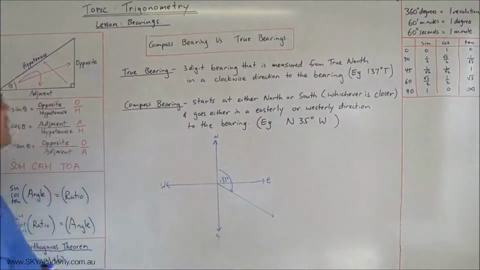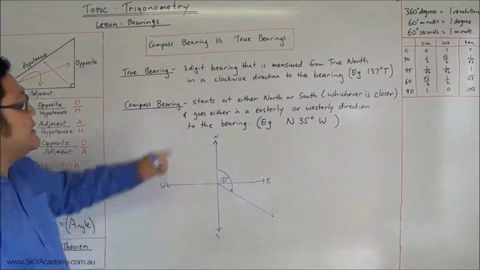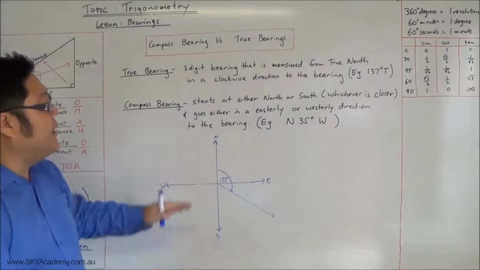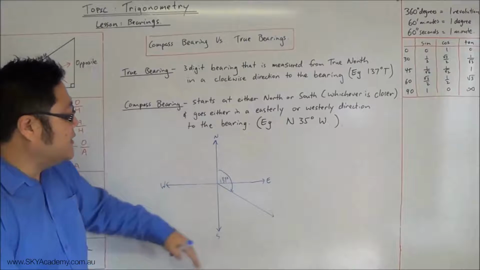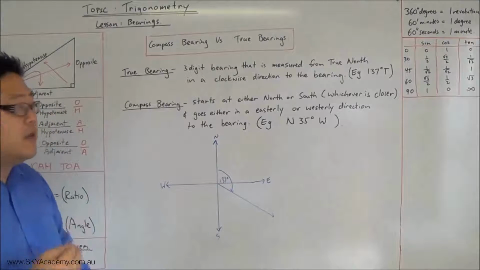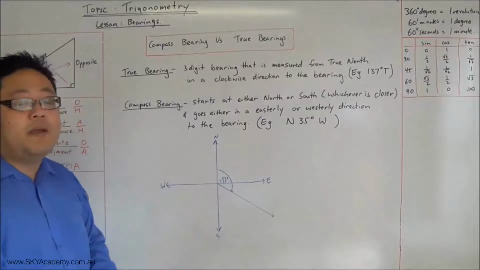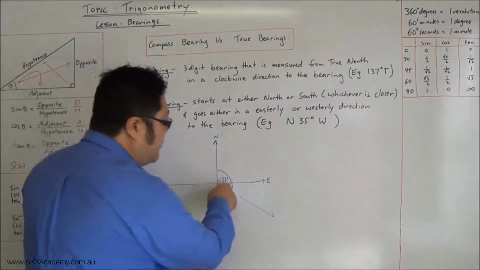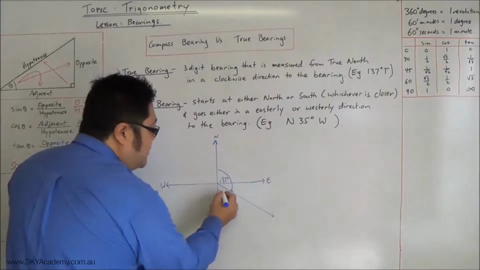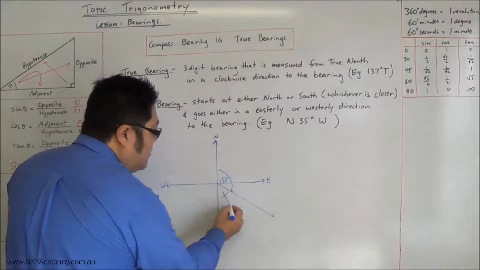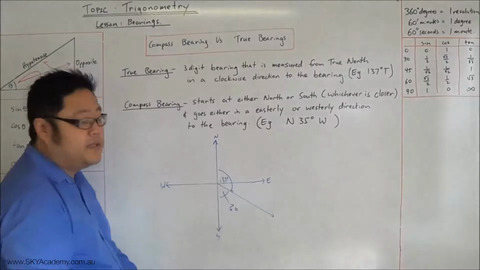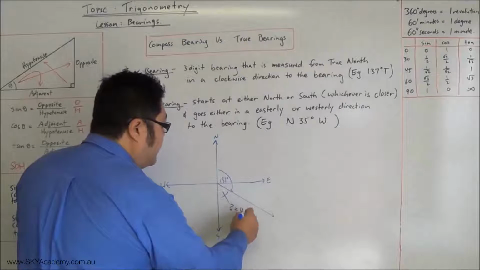So that's true bearing. Compass bearing starts at either north or south, whichever's closer, and goes in either an easterly or a westerly direction, whichever is closer, towards the point of the bearing. See how this is 137 degrees? How many degrees would this be? Well, that would be 180 minus 137, which is 43 degrees.